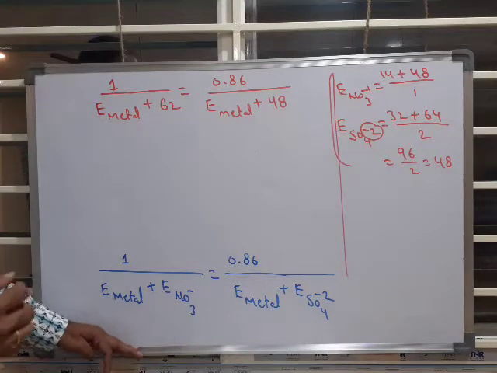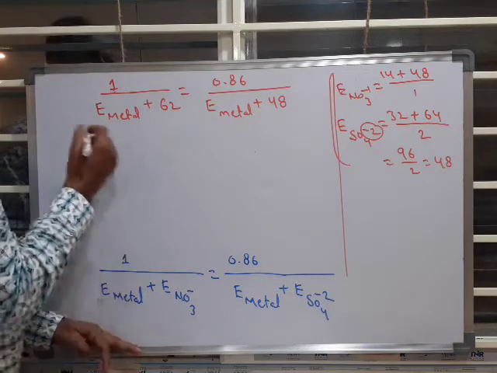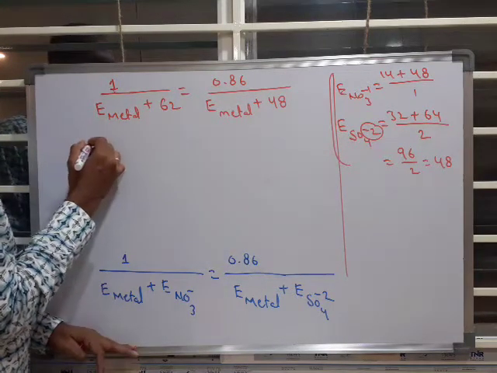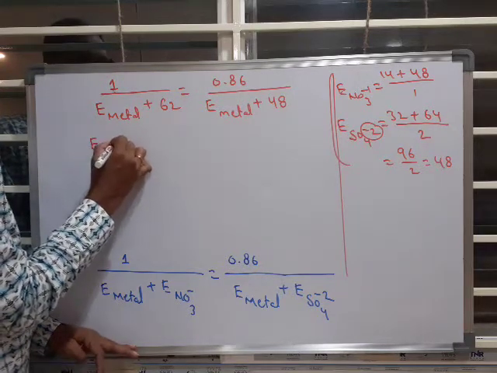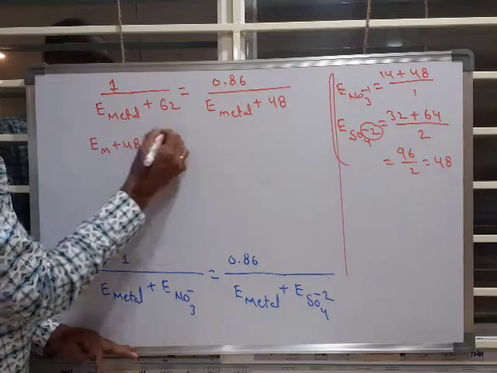So do the overall calculation: equivalent weight of metal plus 48.